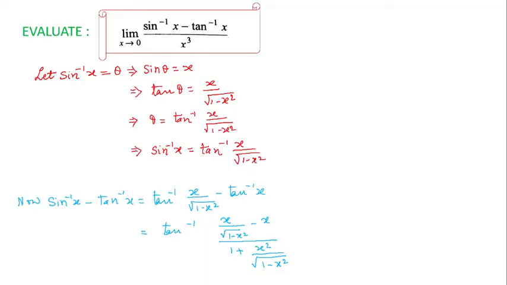X tends to 0, limit of sine inverse x minus tan inverse x upon x cube. Okay, so let's start like this. Suppose sine inverse x is theta, therefore sine theta is x, and tan theta is x upon under root 1 minus x square, because perpendicular is x, hypotenuse is 1, base is under root 1 minus x square, right?